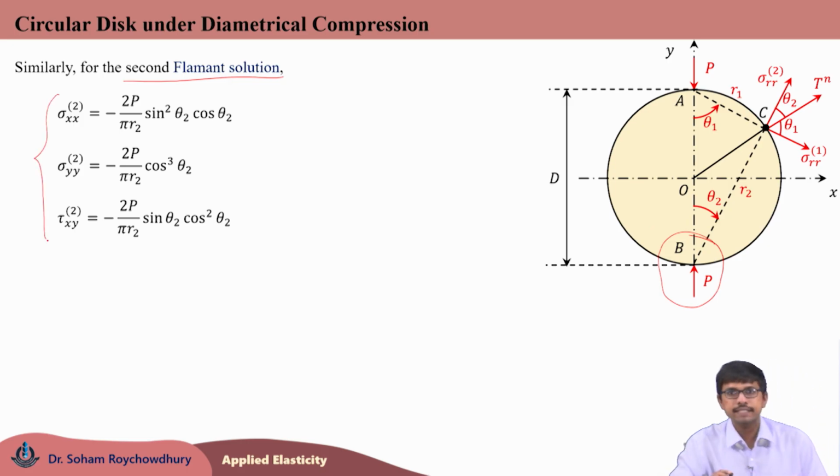The expressions are exactly the same, just r1 is replaced with r2, and theta 1 is replaced with theta 2, from the first Flamant solution to the second Flamant solution.